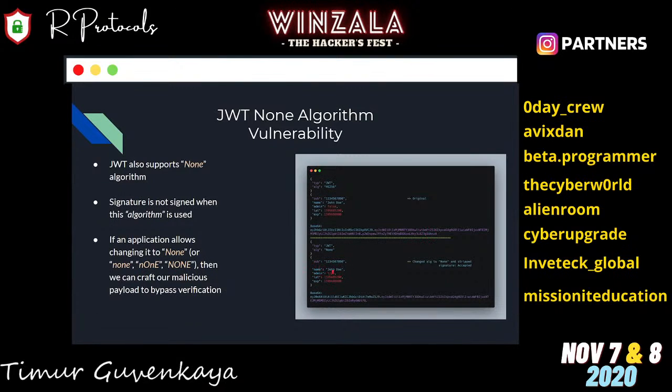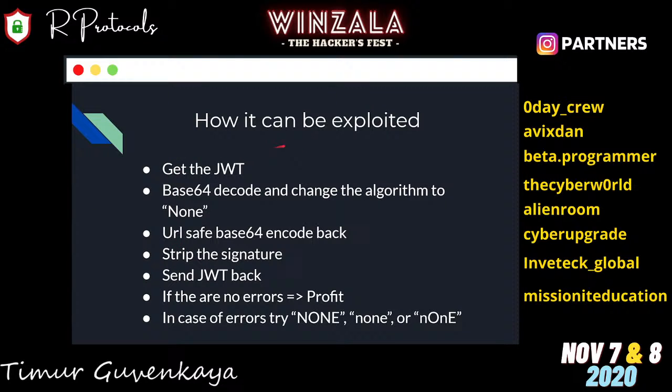Change anything you want inside of the payload, send the JWT back, and it's going to get accepted. If the application is not accepting none, you might try different variations such as lowercase, other cases, or just a capital None. How it can be exploited: get the JWT, decode, and change the algorithm to none, encode everything back, strip the signature, send the JWT back, no errors, profit.